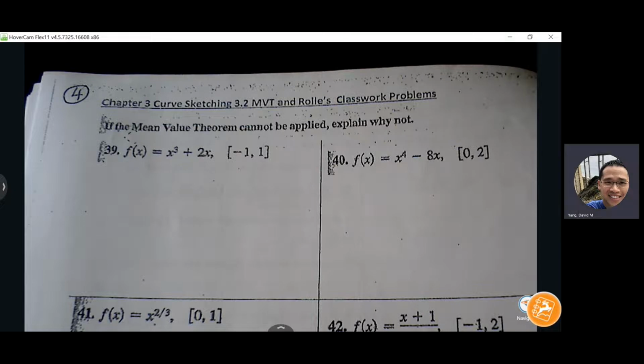A couple of things I want to go over today. I want to review mean value theorem for 3.2. I want to review Rolle's theorem for 3.2. I also want to do some review of first derivative test, which is just creating the first derivative sign line, finding critical points, determining intervals of increase, decrease, and locations where there's a relative max, relative min.